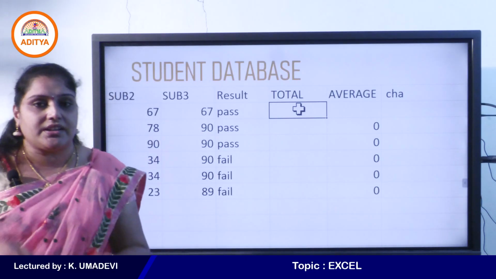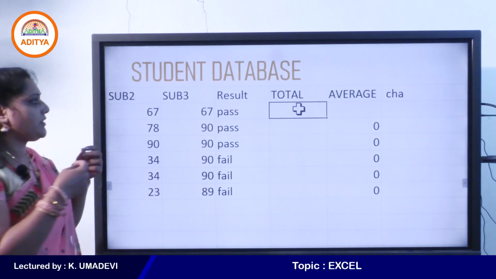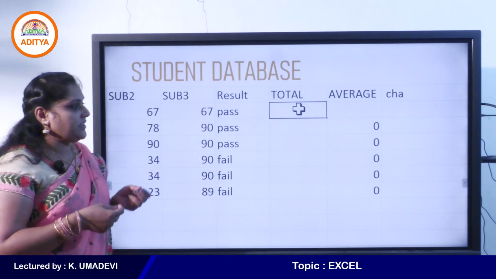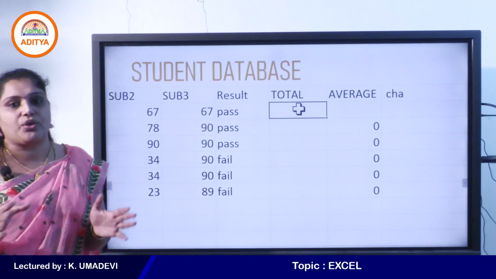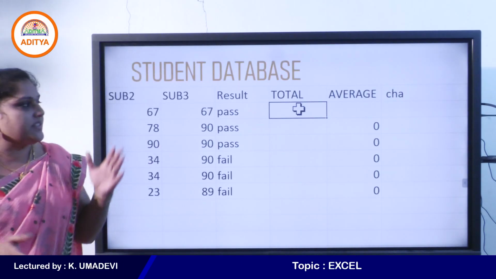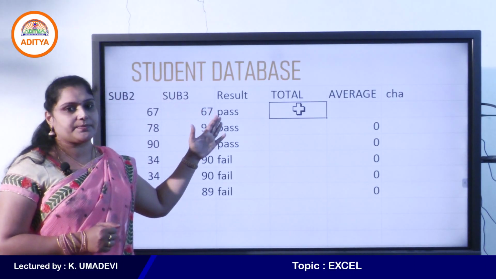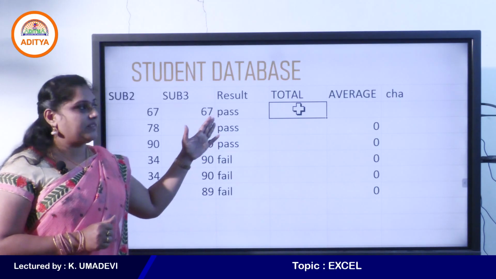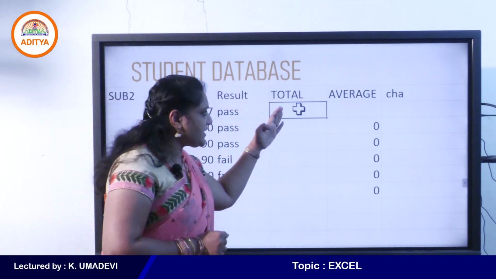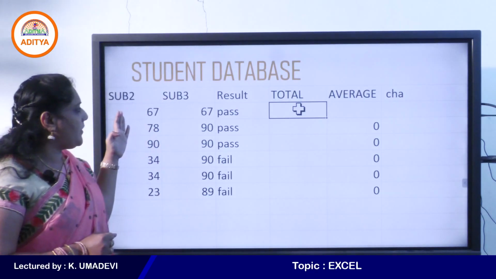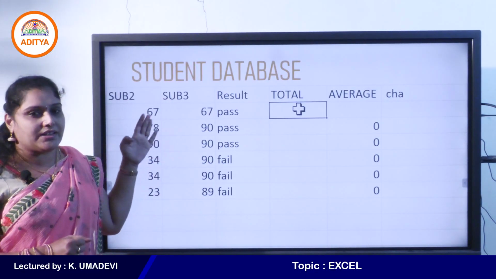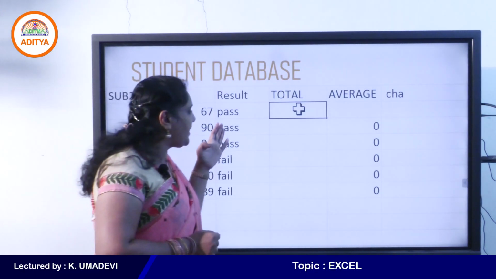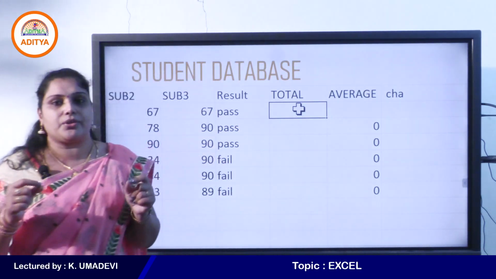So if the result is pass, then I would like to print the total. Otherwise, the total should be 0. Is it possible, students? So if the result is pass, then the total cell contains the sum value of all the subjects. Otherwise, if the result is fail, then the result should be 0.